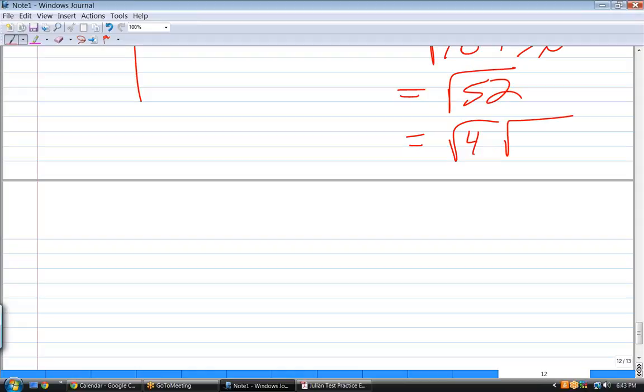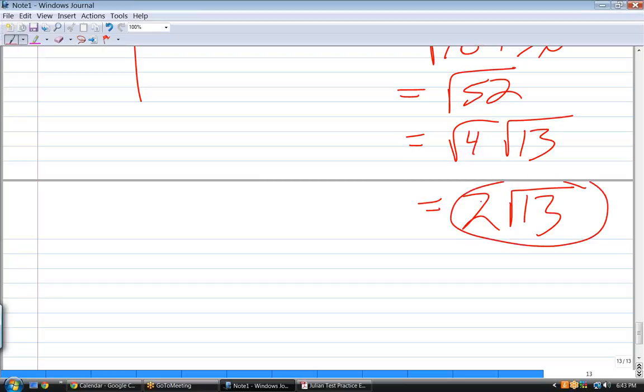It's the other factor. In other words, what's 52 divided by 4? 13. Okay. Now I can pull this square root of 4 out as a 2. Square root of 13 I can't simplify anymore. That's the length of the diameter.